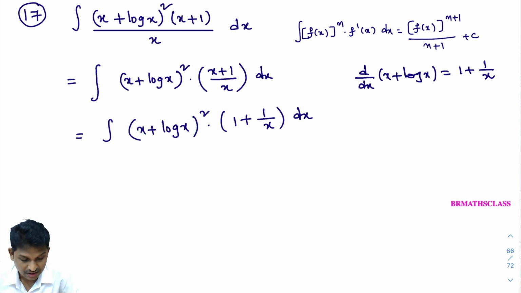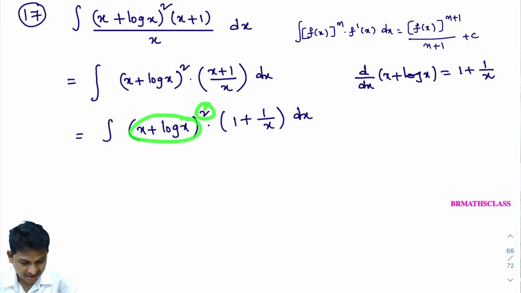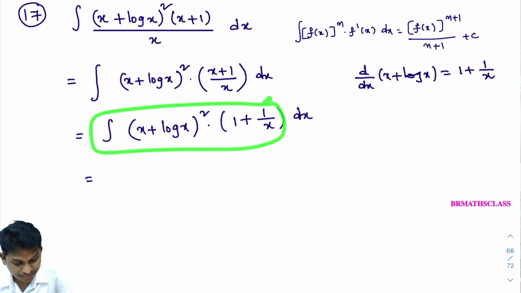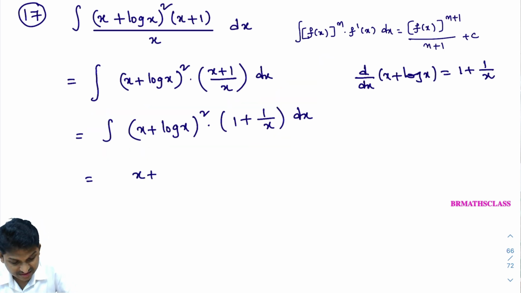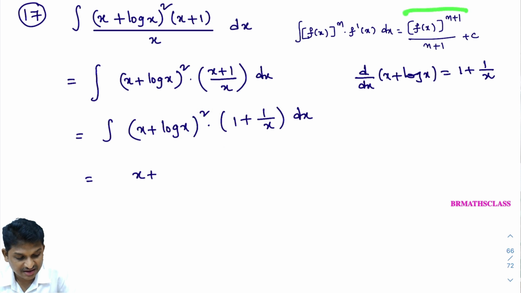So what I got? This is of the form f of x whole power n into its derivative. For x plus log x, the derivative is 1 plus 1 by x. Okay, good. This integral is of the form integral of f of x whole power n into f dash of x dx, so its answer is f of x whole power n plus 1 divided by n plus 1.